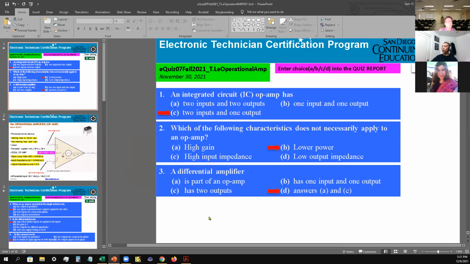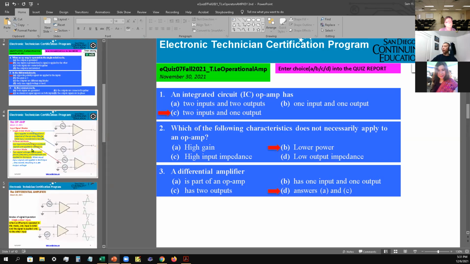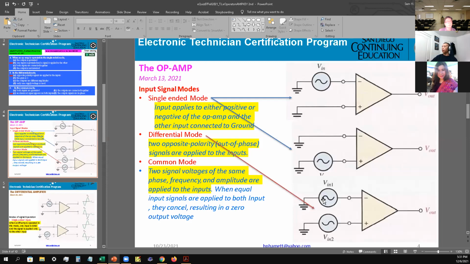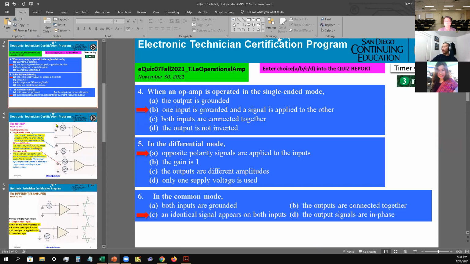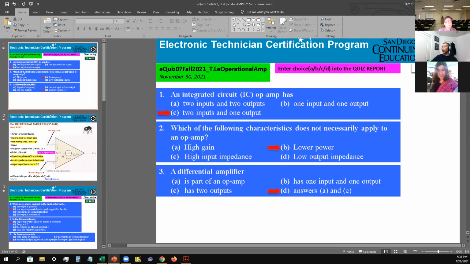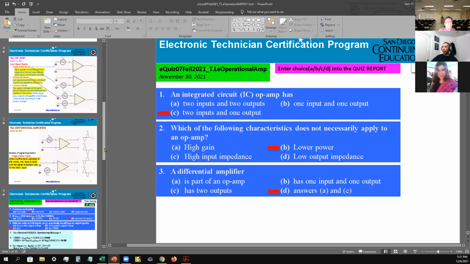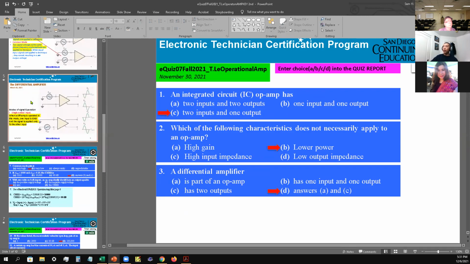Now, number 3, the differential amplifier. So this is the differential amplifier, this one right here. It's part of an op amp, and you have 2 inputs and 1 output. It also has 2 outputs.